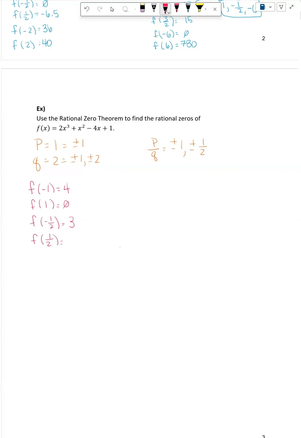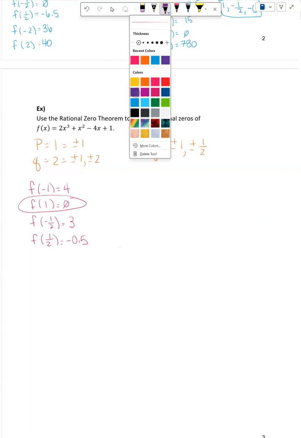And then I stored 0.5, store X, enter, scrolled up and got my function, hit enter twice, and this gave me -0.5. So my only 0 was 1. So now we need to do long division.